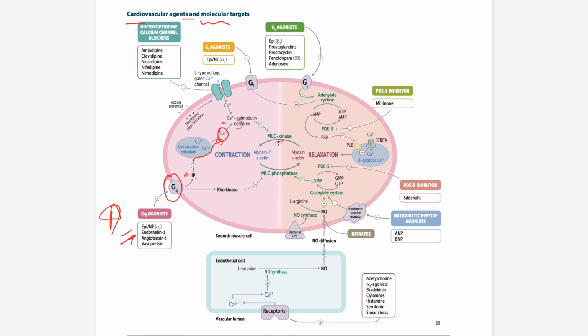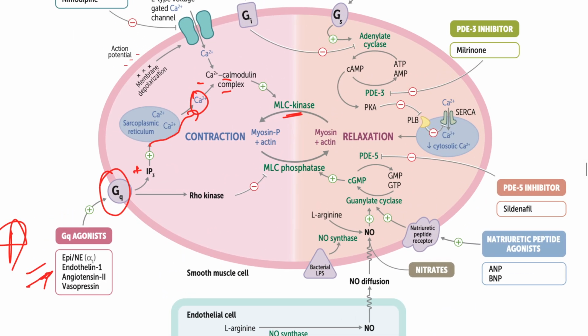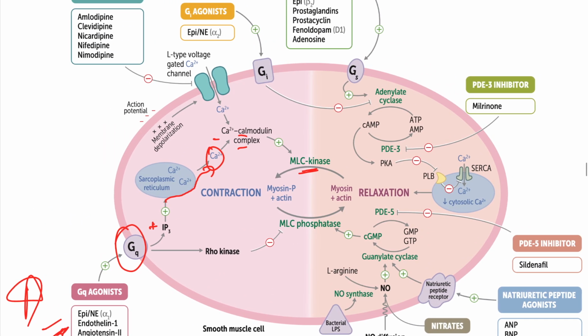So now let's look at some mnemonics for this. Let's actually zoom in. What are we saying here? All we are saying is, okay, IP3, we all know it releases calcium, right? So calcium starts with C, so it's going to bind CCC, calcium calmodulin complex, and that is going to stimulate MLC kinase.